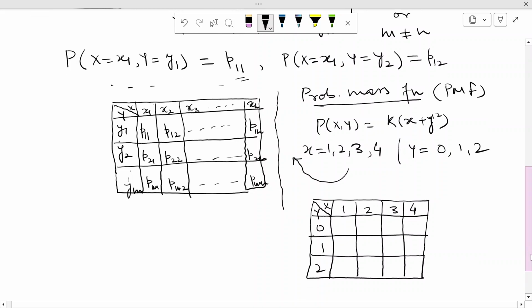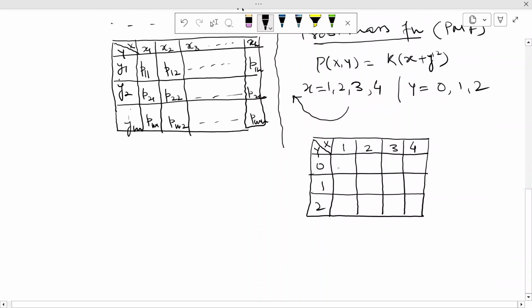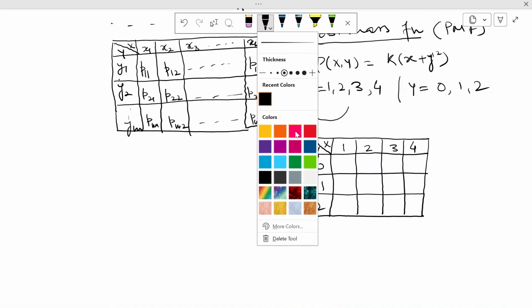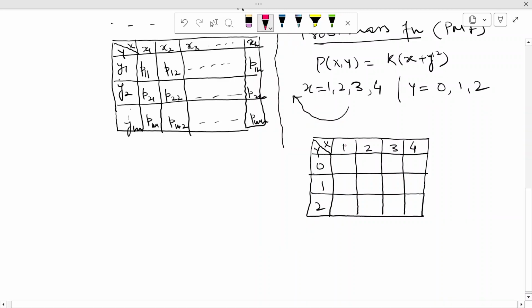Now what we have to do, in order to complete this table, is we should have the values in each of these cells. So when you are here, you can see that for this particular cell, the value of x is 1 and the value of y is 0.